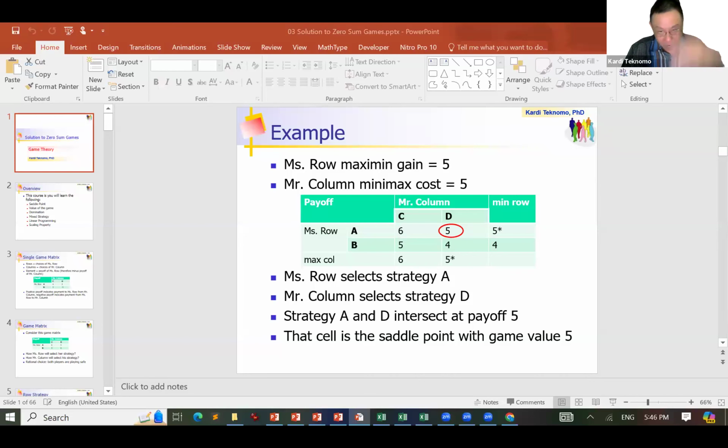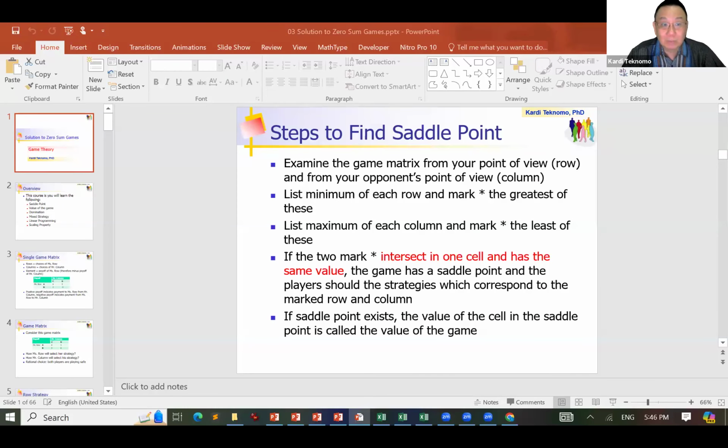For each column, at the bottom, you get the maximum first, and then you get the minimum among the two columns. Okay. So these are the summary of the steps. First, you check the game matrix. And then you get the minimum for each row, and you just mark it.